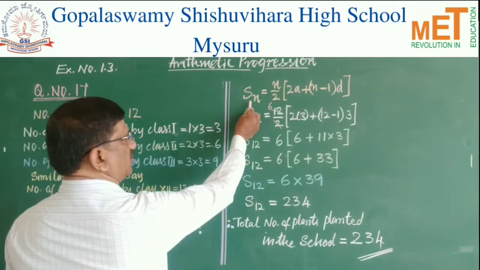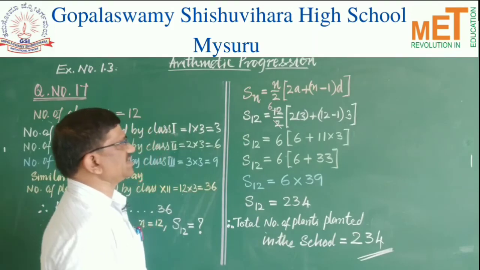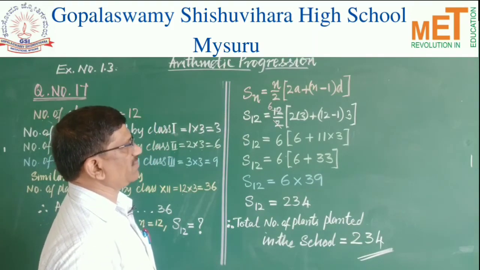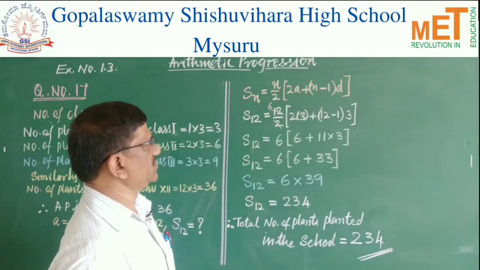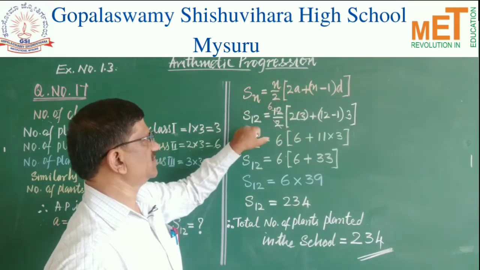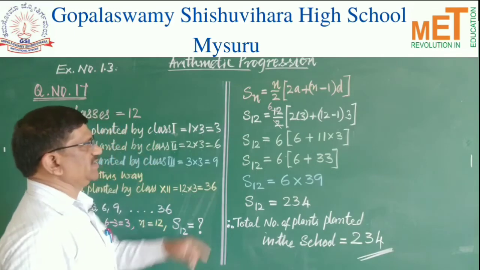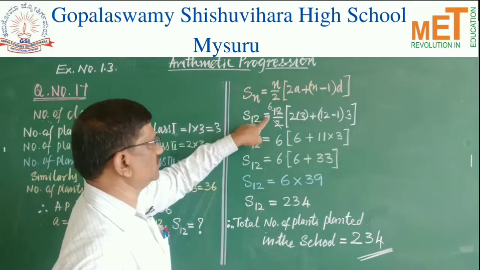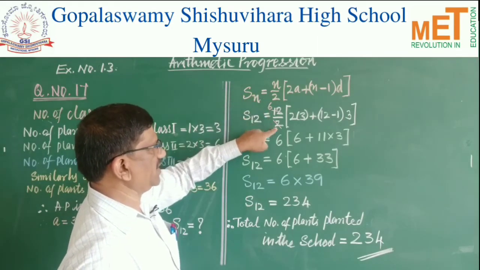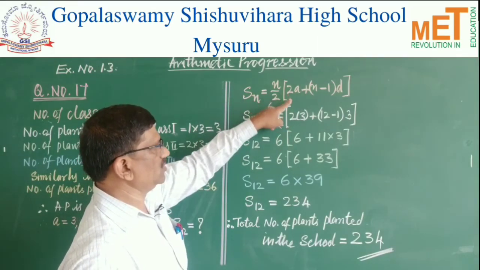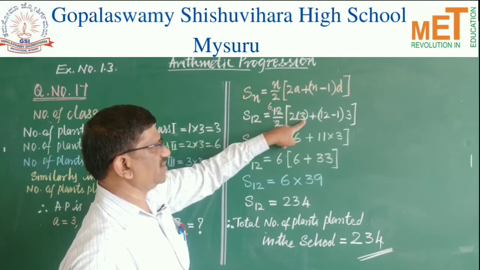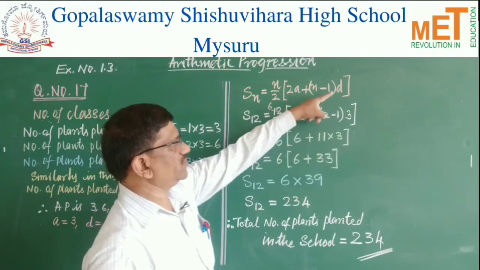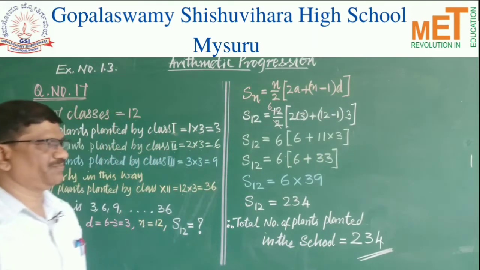The formula states that Sn is equal to n by 2 into 2a plus (n minus 1) into d. Substitute all the values in this formula, where n is equal to 12. So S12 is equal to 12 by 2 into 2 into a, which is 3, plus (12 minus 1) into the common difference, which is 3.